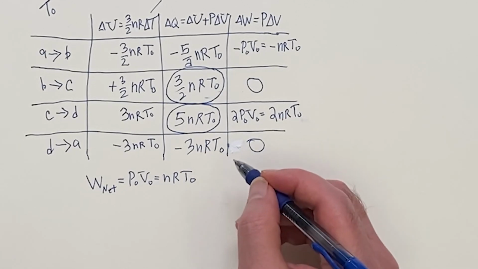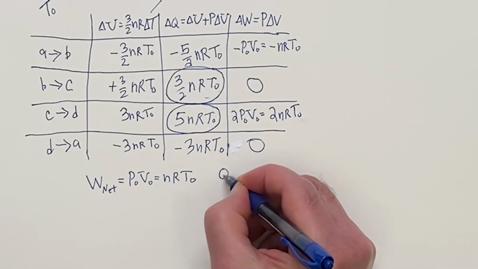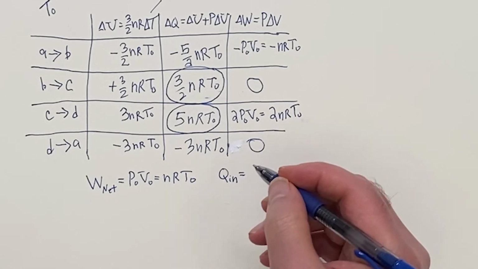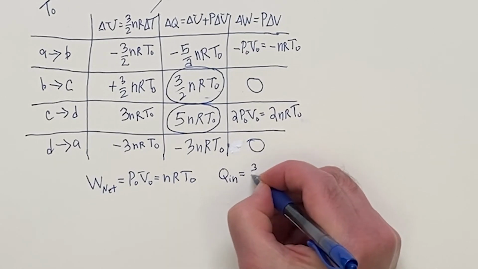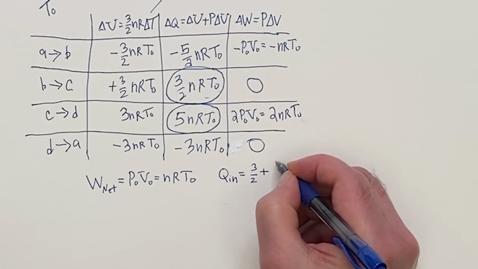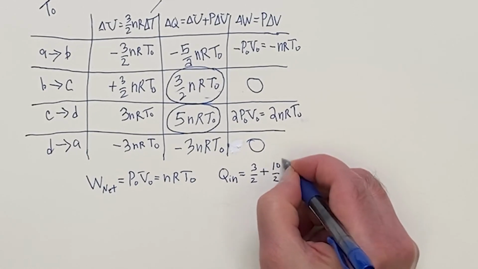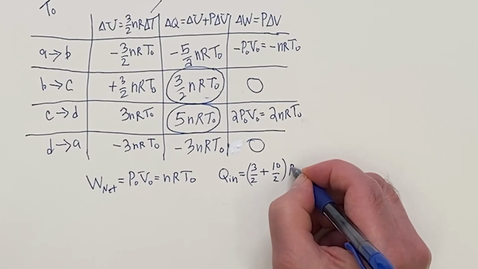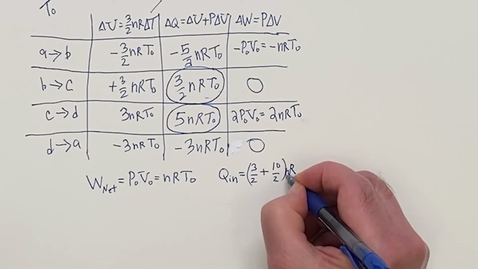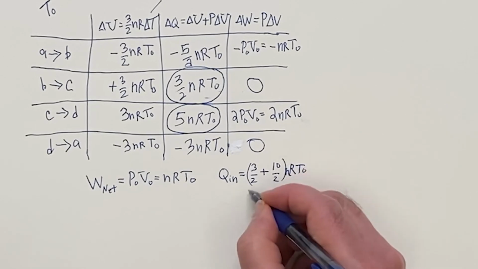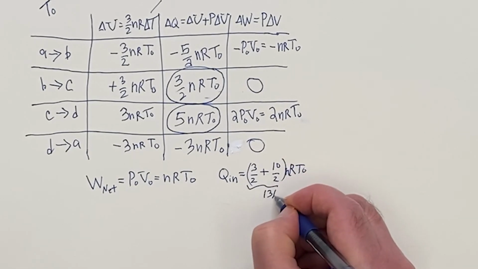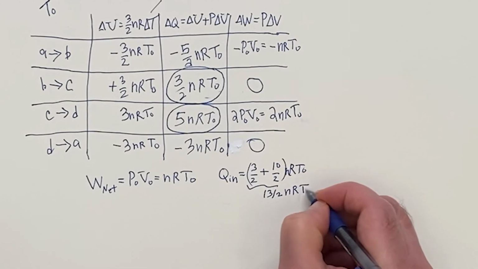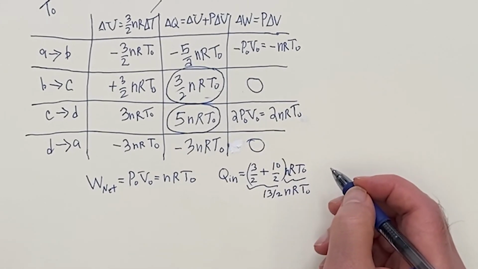So really, the Q that's going into the system, we're going to add 3 halves plus 5, which is 13 halves nRT naught for this part.